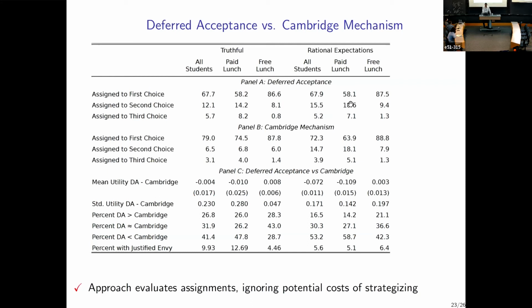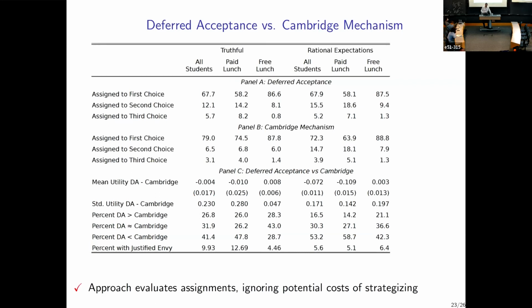But all the action happens with these guys, the rich kids, well, richer kids, I guess. And we see that the deferred acceptance model, relative to Cambridge, assigns fewer people to their top choice.